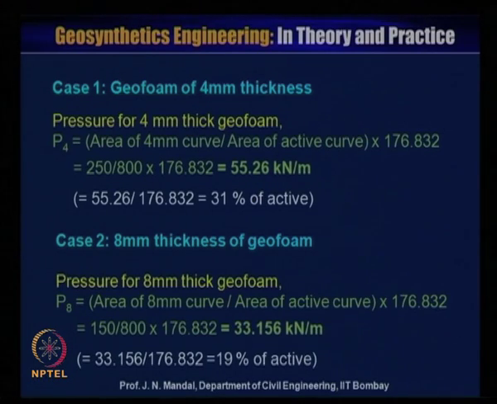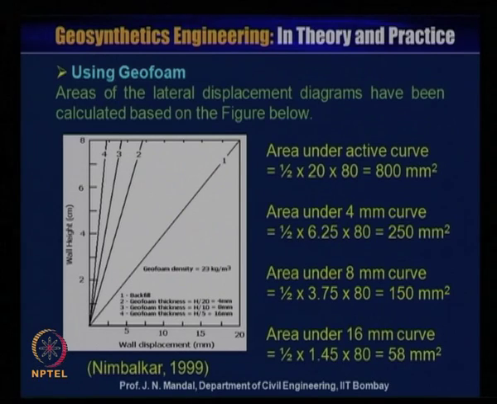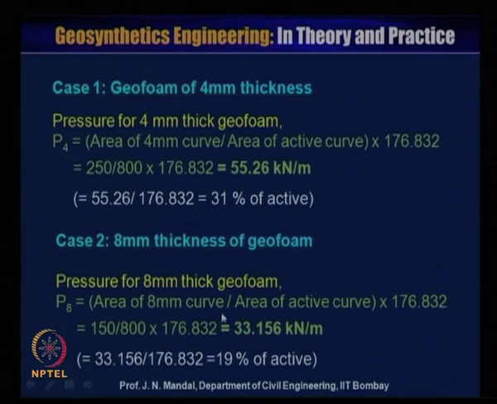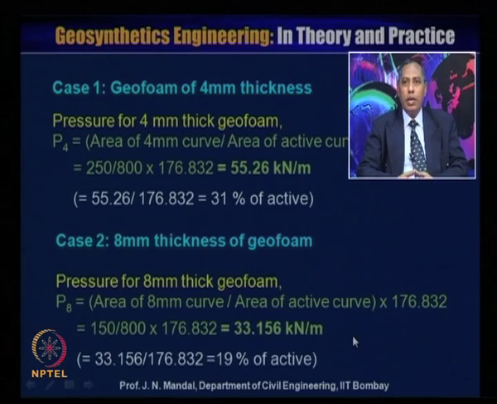You know the area for 8 millimeter is 150 millimeter square, and area under active is 800 millimeter square. So we can write 150 divided by 800 into 176.832. So this will give 33.156 kilonewton per meter.